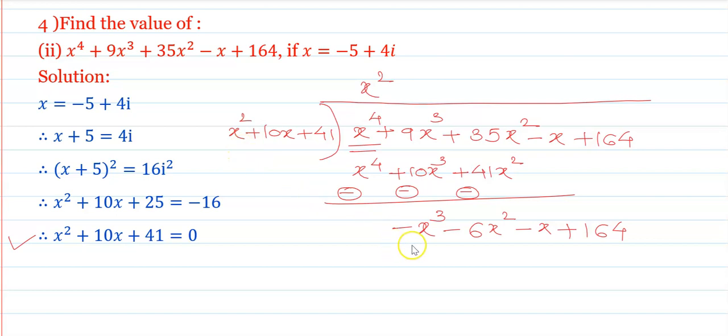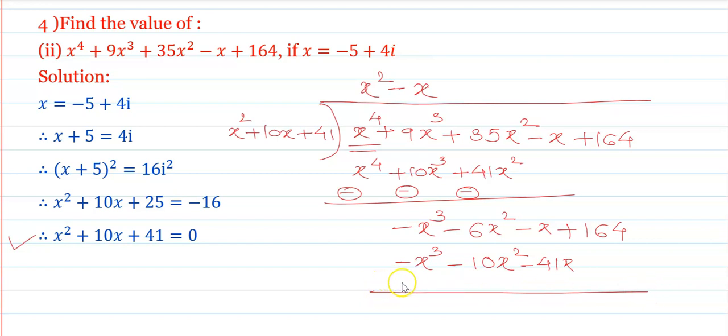To get the minus x cube, we have to multiply this x square by minus x and therefore minus x. Minus x into x square, you will get here minus x cube. Minus x into minus 10x, then you will get here minus 10x square. Next is minus x into 41, you will get here minus 41x. Okay.